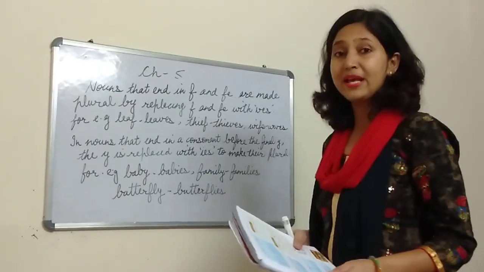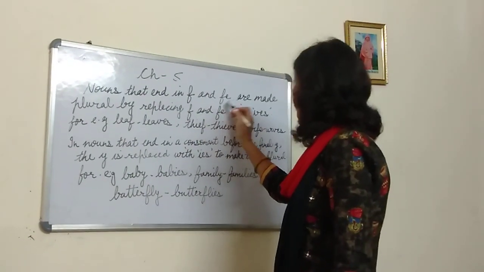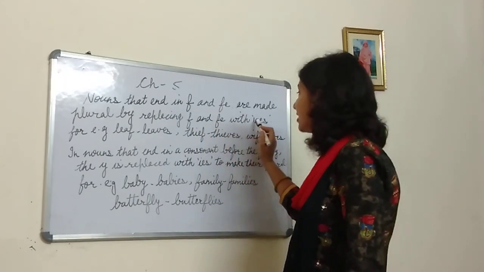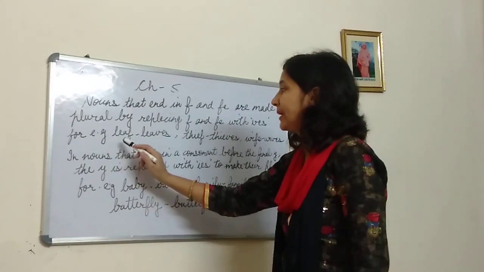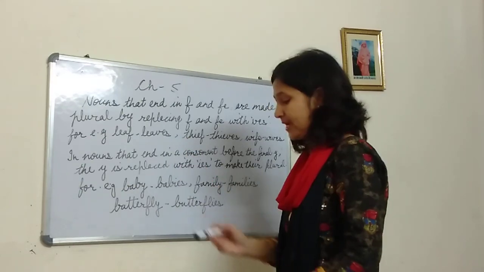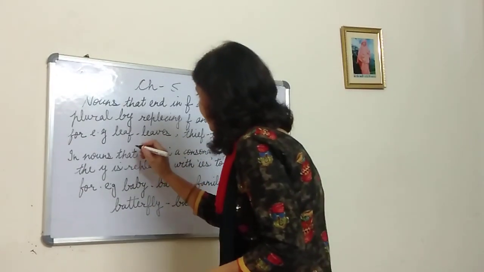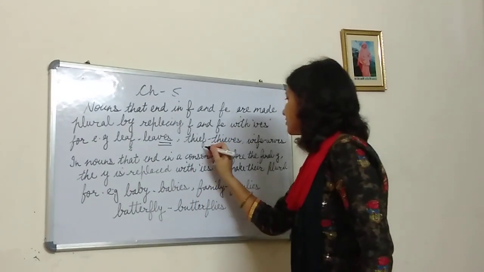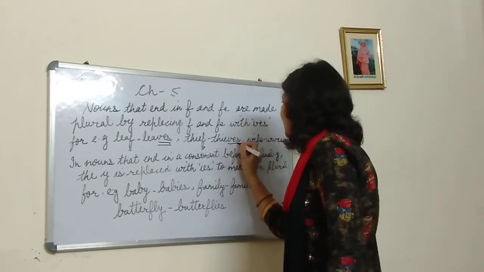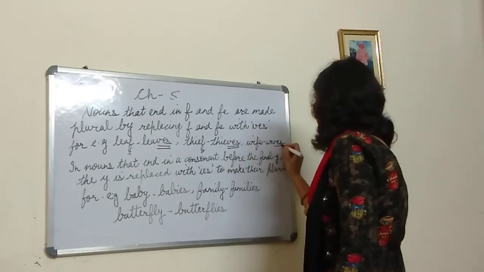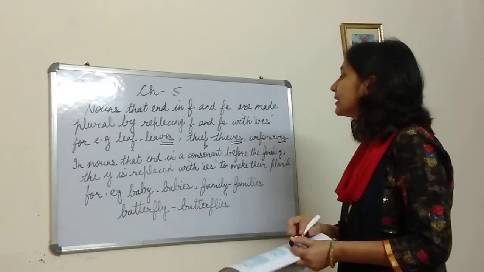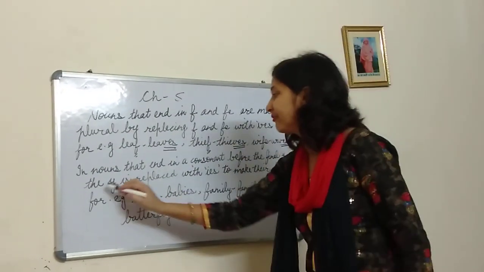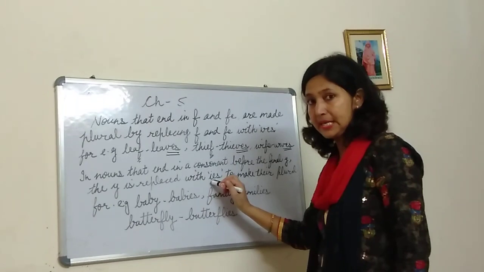Nouns that end in f and fe are made plural by replacing f and fe with ves. For example, leaf, leaves. In place of this f, we will write ves. Thief, thieves. We will replace this f with ves. Wife, wives. In nouns that end in a consonant before the final y, the y is replaced with ies.